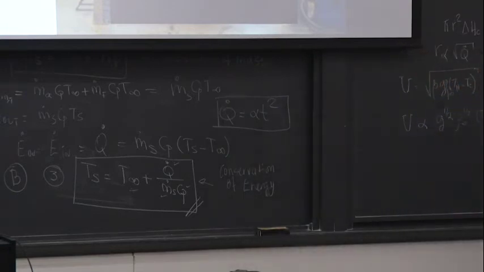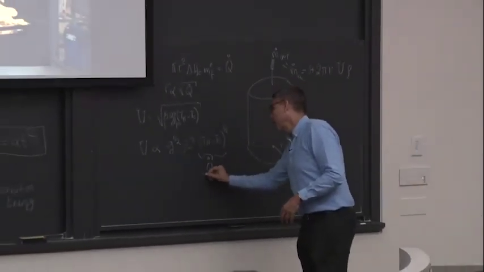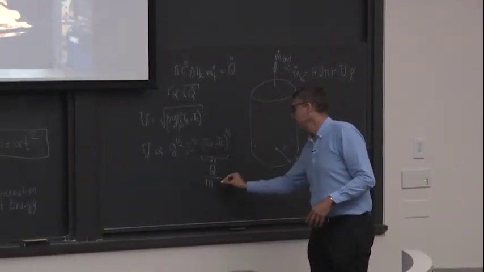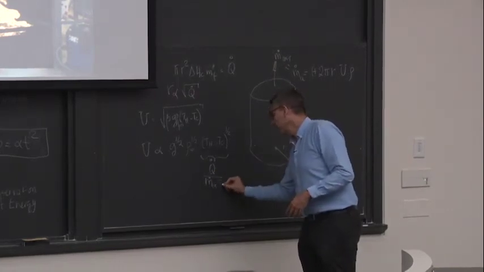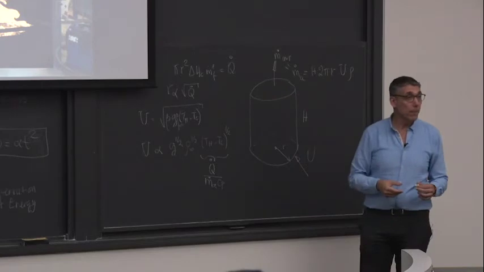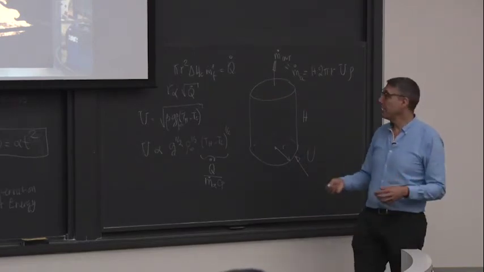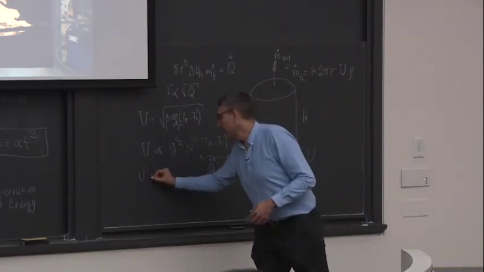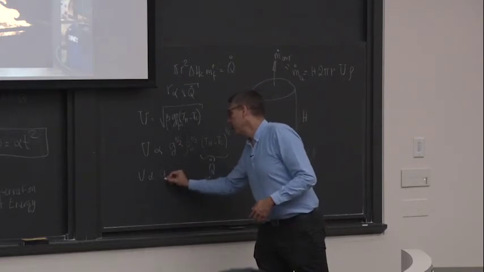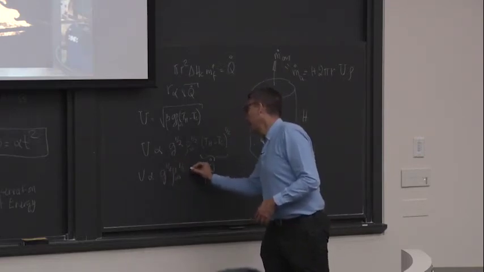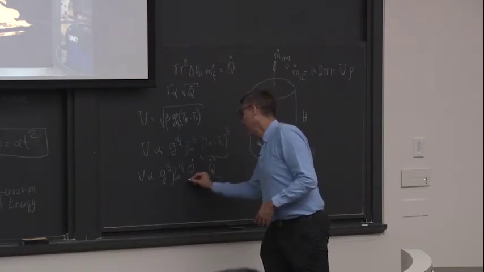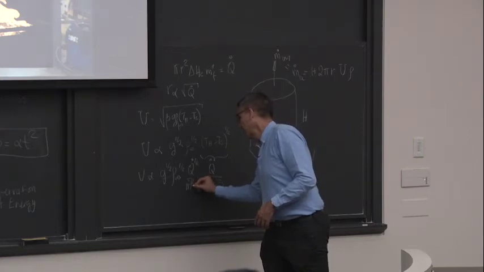So effectively, this term here is nothing but Q over mA times the specific heat. So at the end, I can say that u is g to the 1/2, rho infinity to the 1/2, Q to the 1/2 over mA to the 1/2.